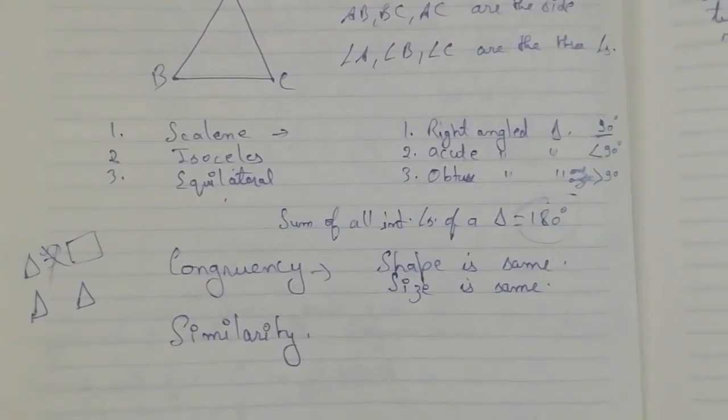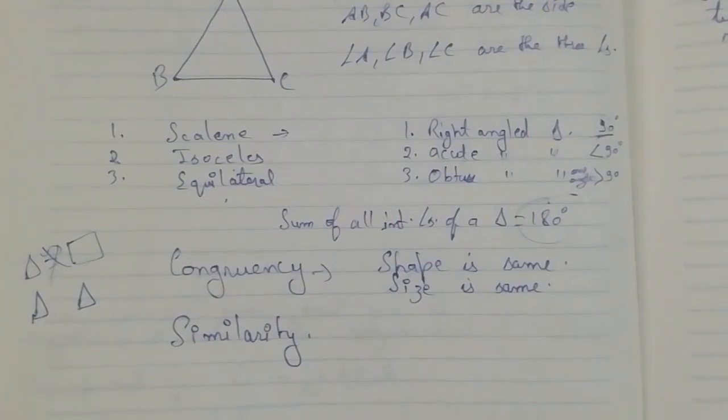Most of you have a photo of the Taj Mahal at your home. Is it similar to the real Taj Mahal? Yes, it is similar. We cannot say that the photo we have of the Taj Mahal is congruent to the Taj Mahal that is in Agra.